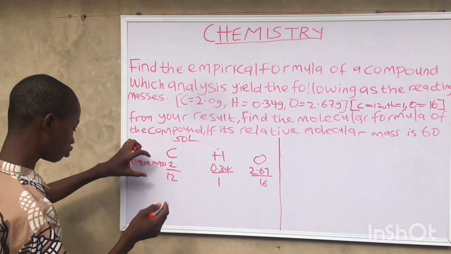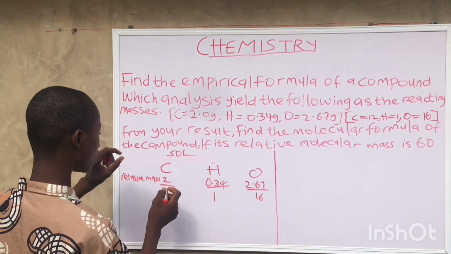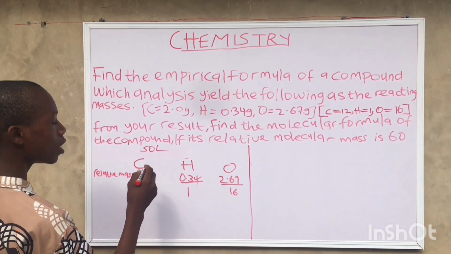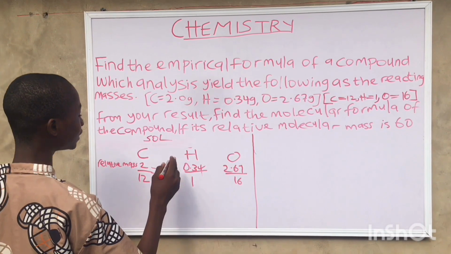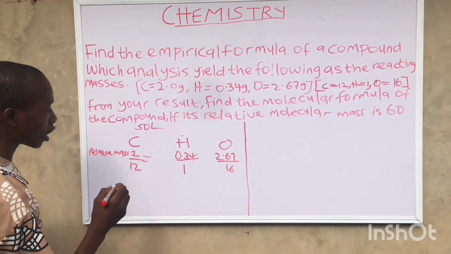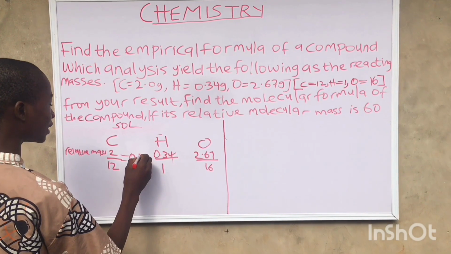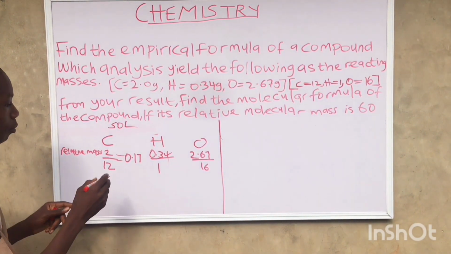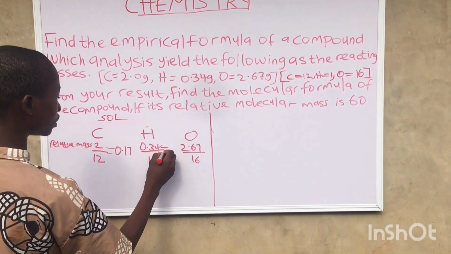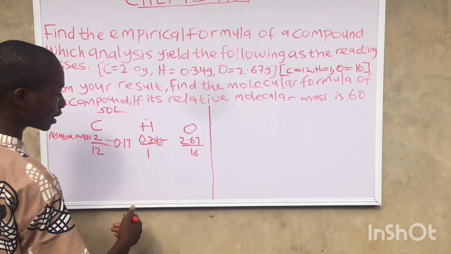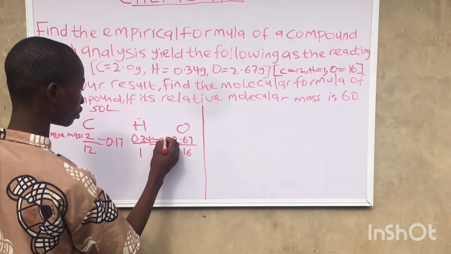So 2 divided by 12 will give us 0.1666 and so on. So we are going to approximate it to 0.17. Press your calculator. 0.34 divided by 1 is still 0.34.